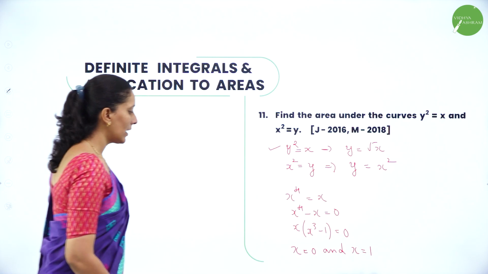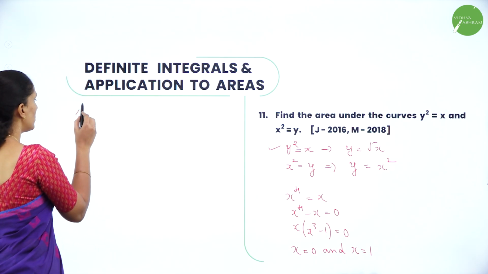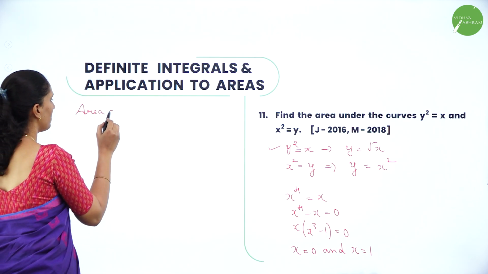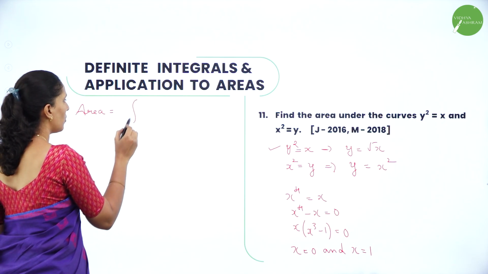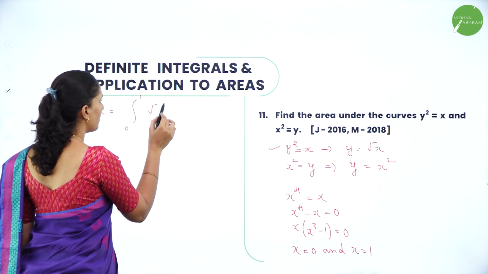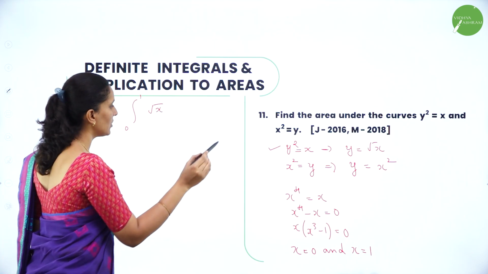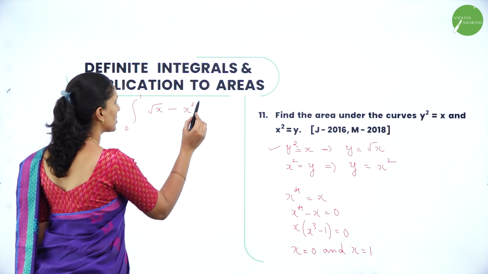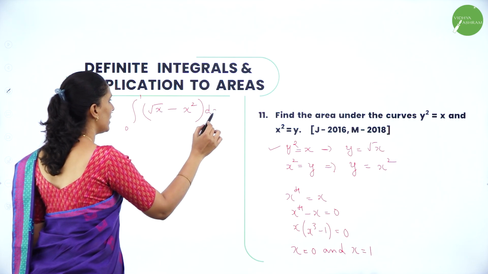Thus we can take the limits from 0 to 1. So the total area can be taken from 0 to 1, f of x minus g of x. F of x can be taken as root x and g of x can be taken as x square with respect to dx.